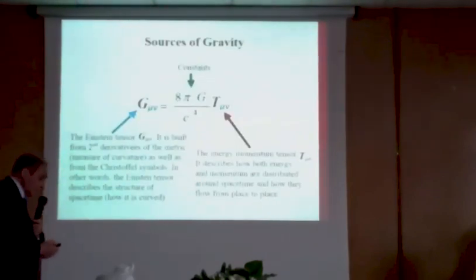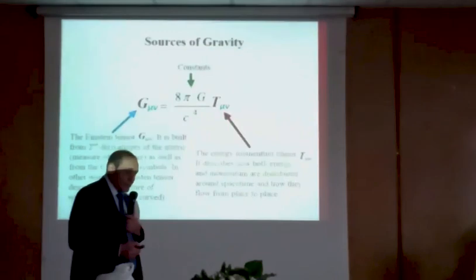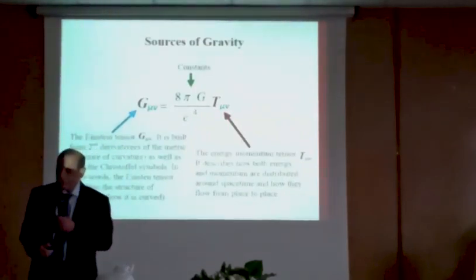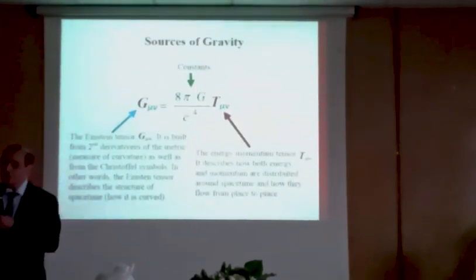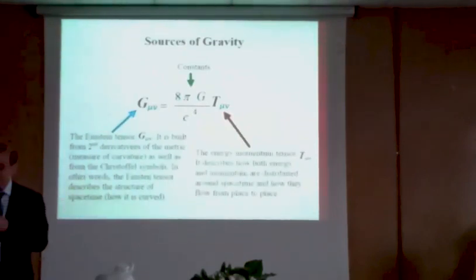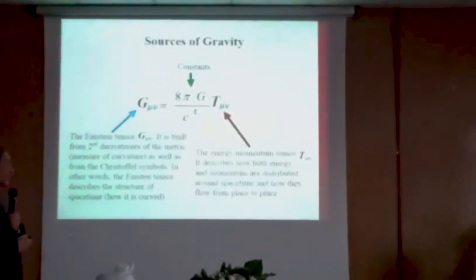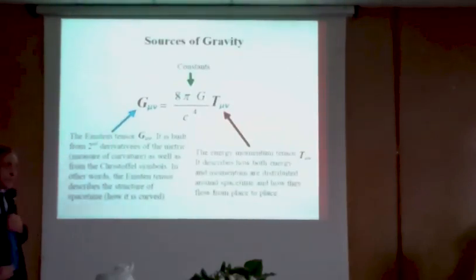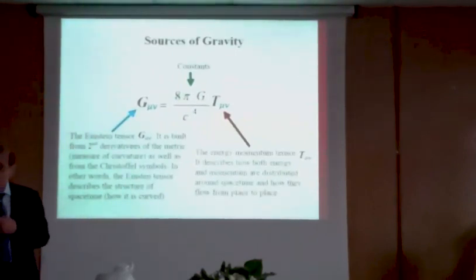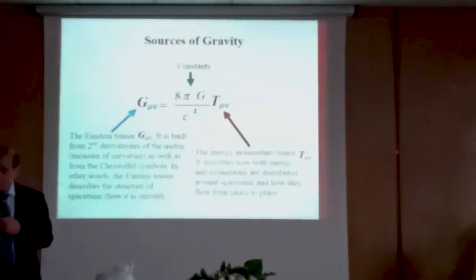Now, this equation is very important. In fact, this equation is the general relativity equation. On the left-hand side, I have what we call the Einstein tensor. This Einstein tensor describes how space-time is changing.